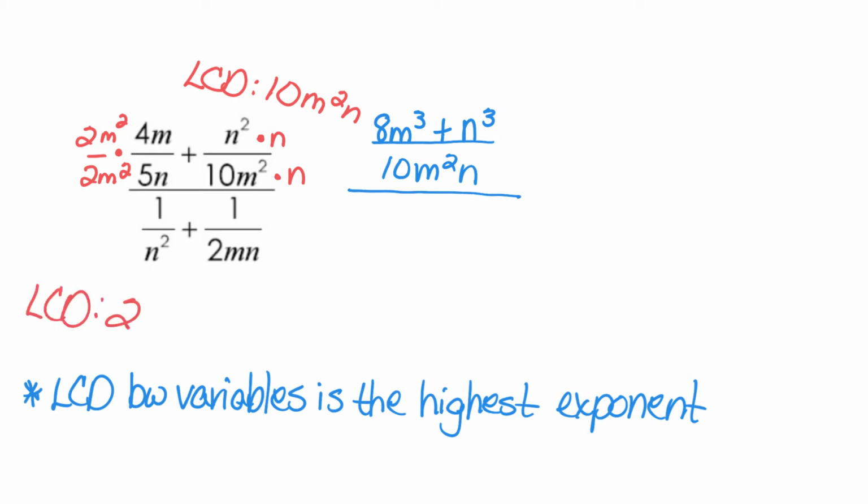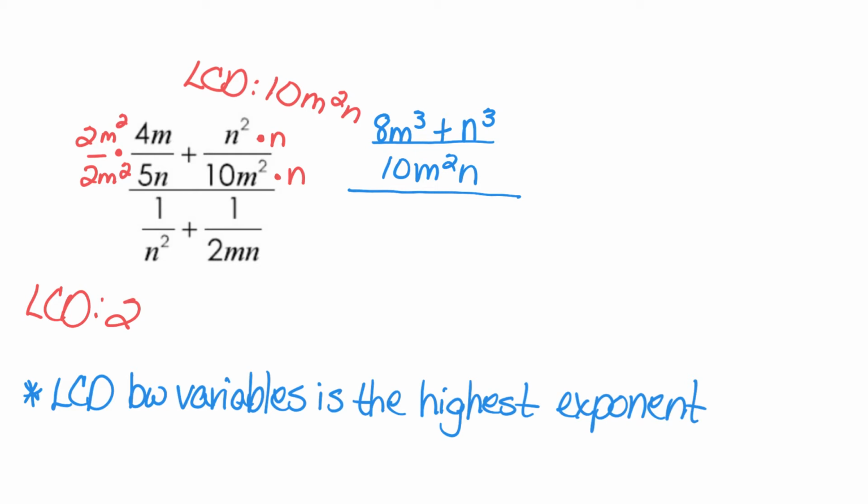And remember, we said that the least common denominator between the variables is going to be the highest exponent. The highest exponent between the m's is going to be m, and that's it, because m to the 0 equals 1, and then this is m to the first. So that's the reason why the common denominator is m.